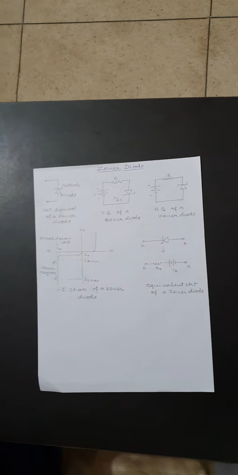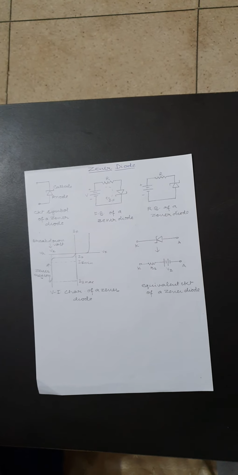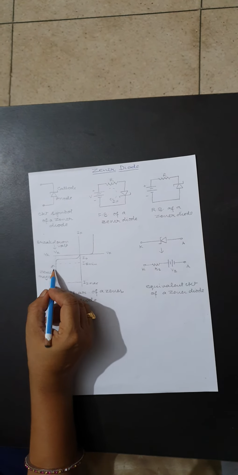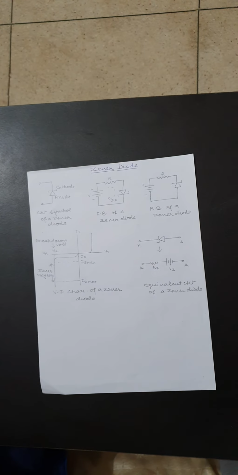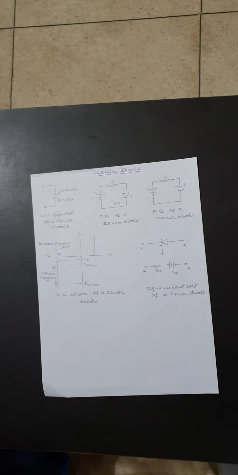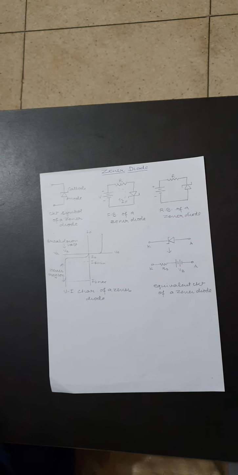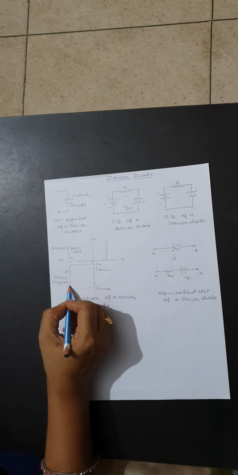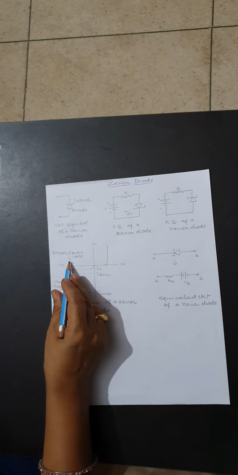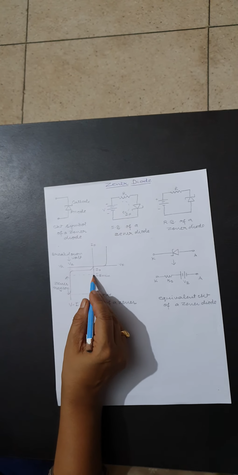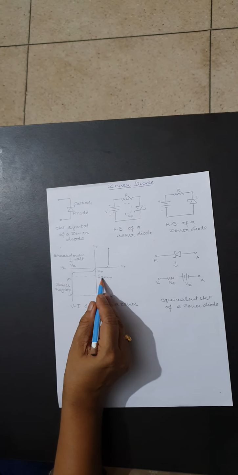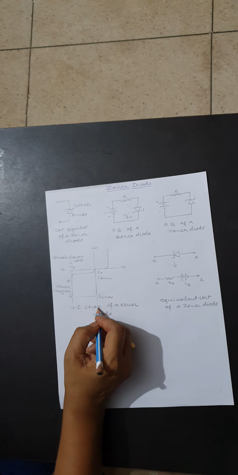After reverse breakdown, the Zener diode operates in a region called Zener region as shown in figure, and in this region the voltage across Zener diode remains constant, equal to Vz, but current is changing from Iz minimum to Iz maximum. Zener diode is operated in this region when it is being used as a voltage regulator.